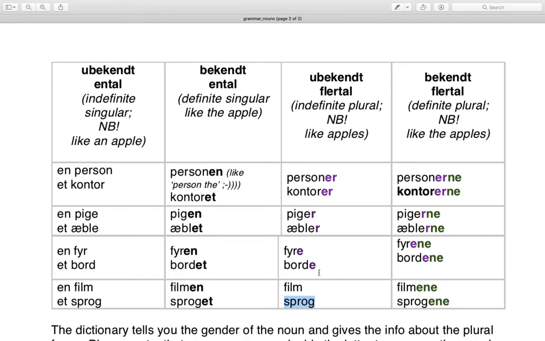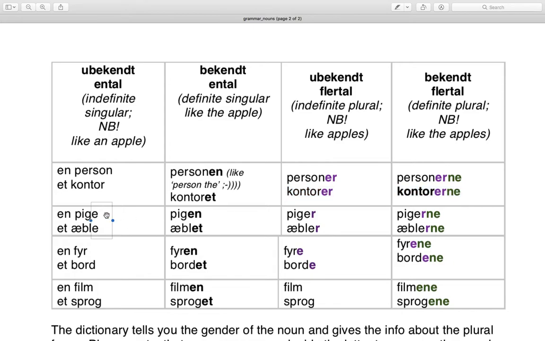So basically you have to remember the noun's gender and the type of the plural form, and all the rest would be clear if you know the rule. So I would say personer, kontorer, persons, offices. Personerne would mean the persons. So I keep the er at the end, and then I add ne to show that it's a definite form, like persons, the. Kontorer, kontorerne.